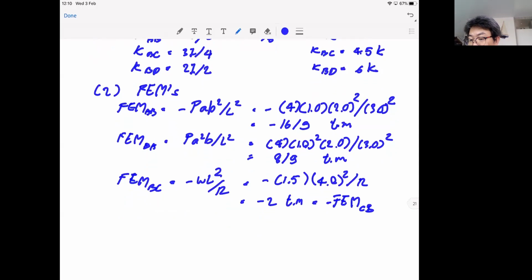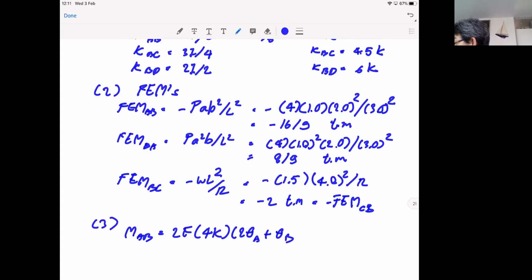Now if you are not going to use the modified equation, you can write your MAB. That is equal to 2EK over 4, 2 zeta A plus zeta B. And I'm lazy now, so I'm not going to write the sine term because we know it's 0, right?